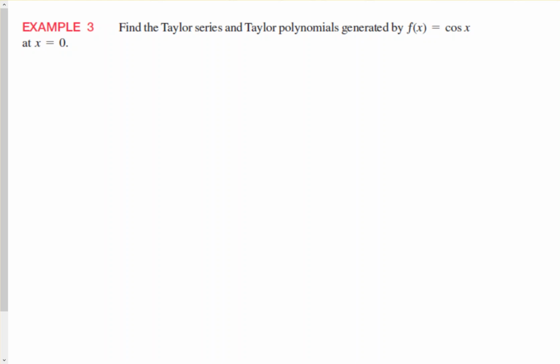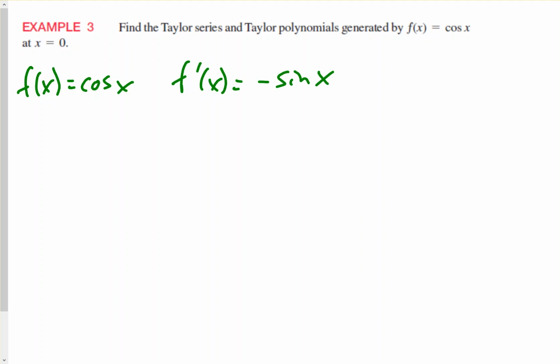We know that f of x equals cosine x, f prime of x equals, well, the derivative of cosine is negative sine, so negative sine x. The second derivative, the derivative of negative sine, would be negative cosine.